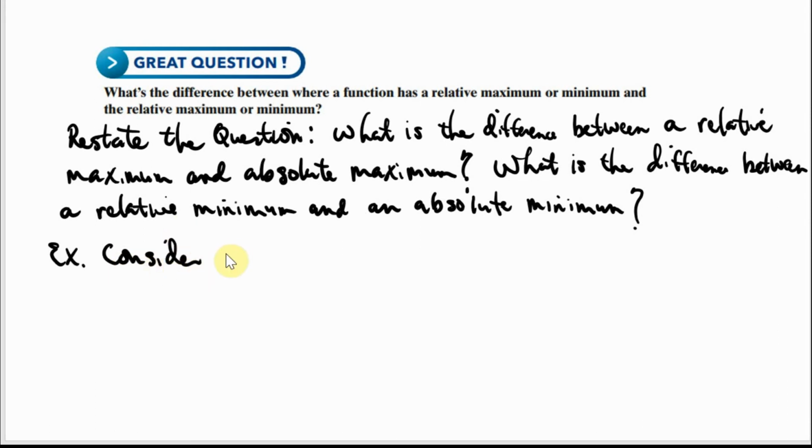Consider y equal to x on the interval from, let's say, 2 to 6.